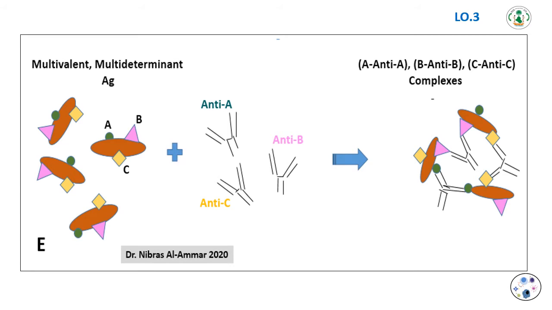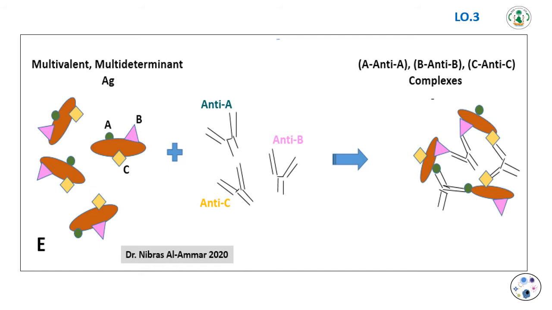Here, the antigen is multivalent and multideterminant. Multideterminant means, as we see from this diagram, we have an A epitope, a B epitope, and a C epitope: three types of epitopes. When binding occurs, we have three types of antibodies also: anti-A antibody, anti-B antibody, and anti-C antibody.